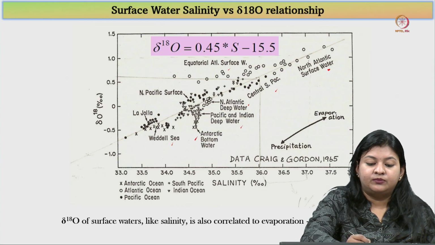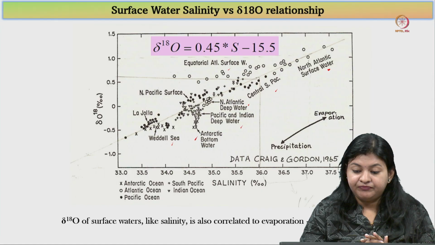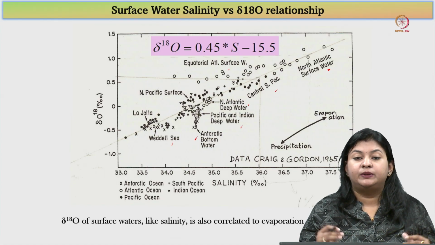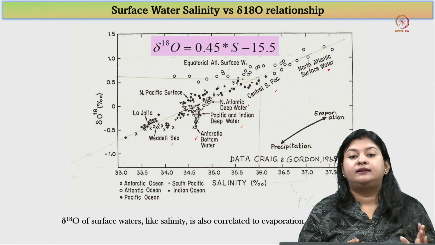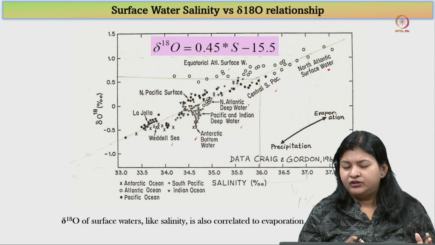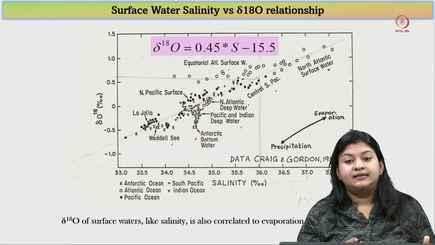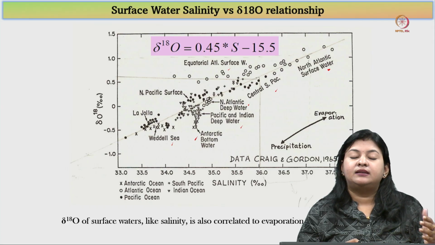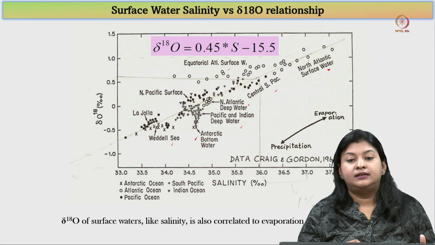So, all the data is plotted, and what we can see is that there is a very good correlation with salinity. With salinity and delta 18O there is a very strong correlation, and this is extremely helpful because if we get information on how salinity has changed in the past, then we can infer about the delta 18O values.